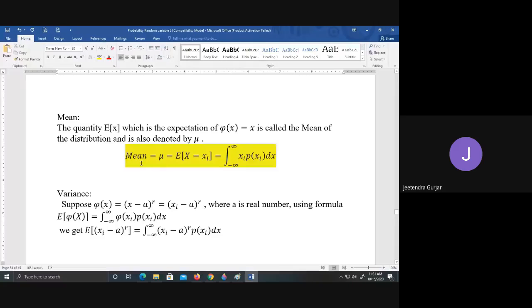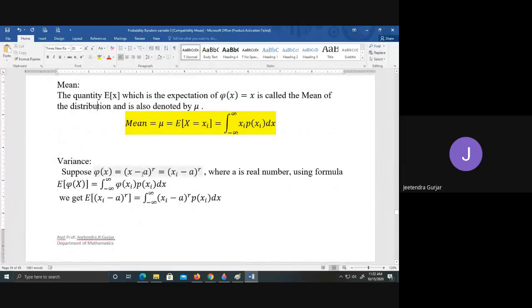What is the difference between discrete and continuous? Instead of discrete summation, in continuous it is integration from minus infinity to infinity. So mean mu is equal to e of x, where x is the random variable, e is expectation, mu is mean, which gives you integration minus infinity to infinity of xi into p of xi dx. So this is what we have for the mean.